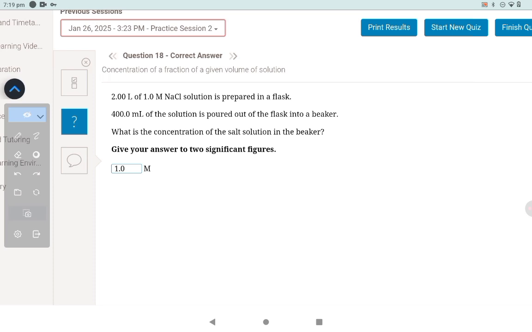The 2 liter solution with 1 molar concentration is not going to decrease or increase if you move part of it into another beaker, because it's already mixed. So it's going to stay the same, 1 molar concentration.